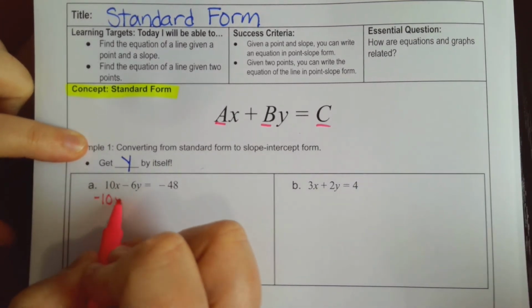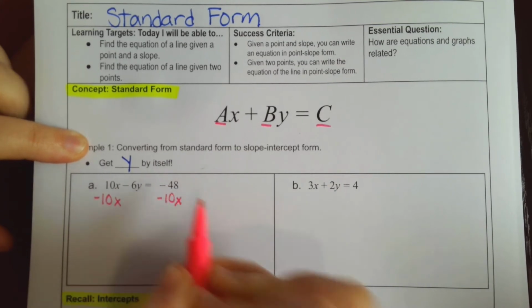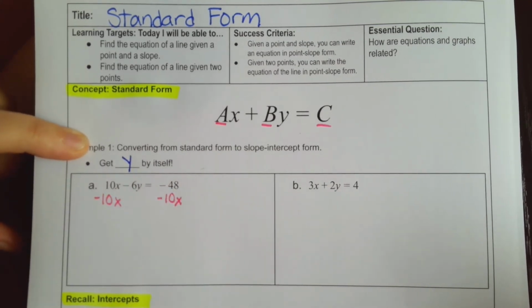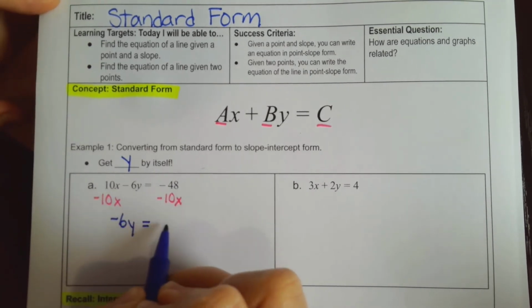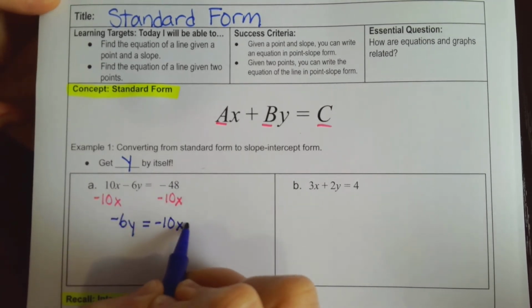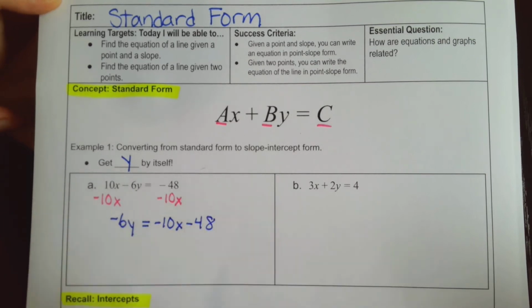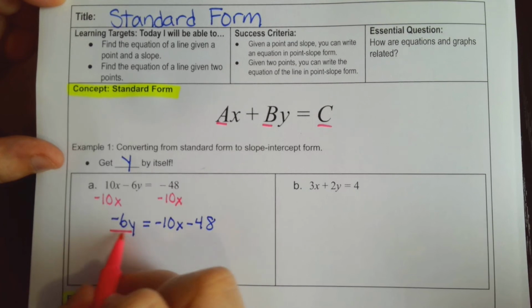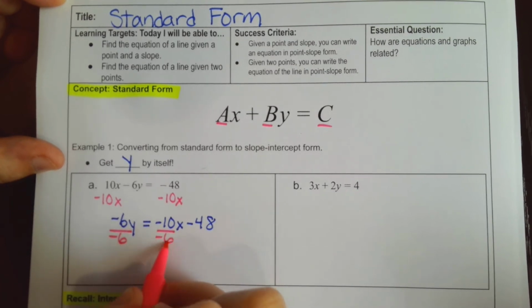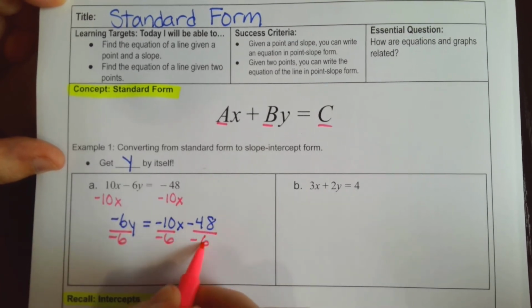First, we subtract 10x from both sides, and we're left with negative 6y is equal to negative 10x minus 48. And then we finish it off by dividing everything by negative 6.